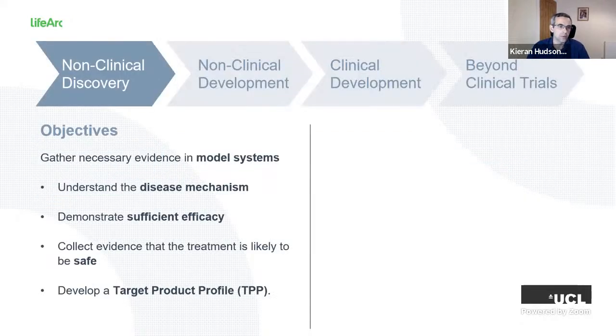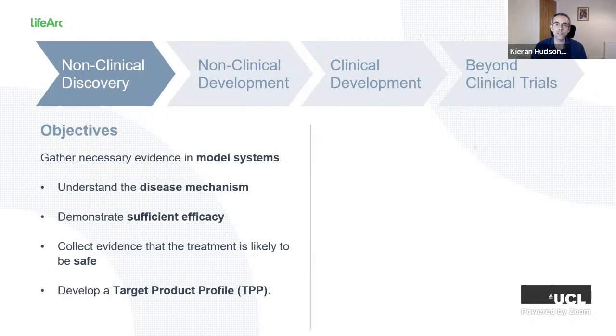So the first step of development, once you've got your thesis and your proposed therapeutic approach, is non-clinical discovery. This work is to demonstrate sufficient proof of concept for your therapy and your proposed treatment approach to justify the next steps, the non-clinical development and further development steps.